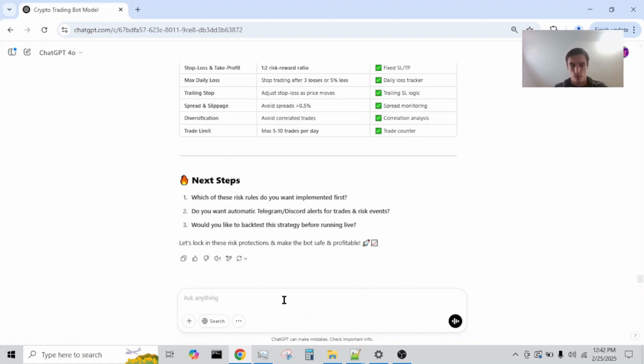Okay, so we want to trade on the Kraken exchange using their API and Python as the coding language.